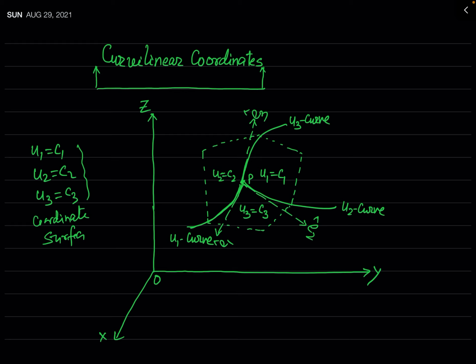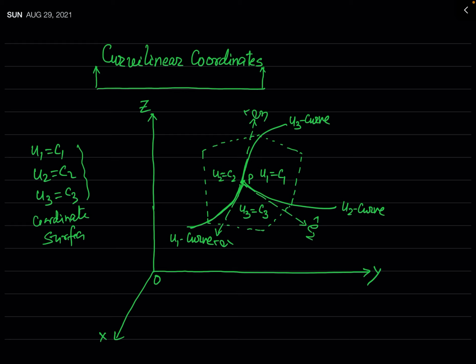Actually, these curves of intersection are called coordinate lines. So u1 is a coordinate line, u2 is another coordinate line, and u3 is the third coordinate line. Now, if you draw tangents to the curves u1, u2, and u3 at the point P, then the lines drawn in the tangential directions at point P are known as coordinate axes.